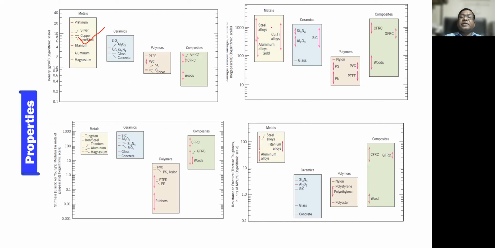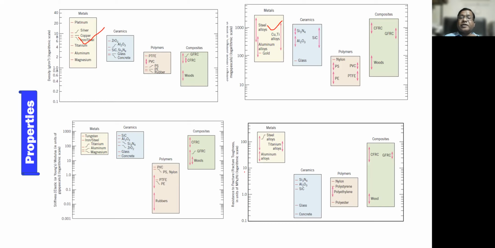In case of tensile strength, metals have a high value. Here composites come into the picture, and in case of stiffness or Young's modulus, metals are good, and composites come here. Ceramics come down because those are porous.